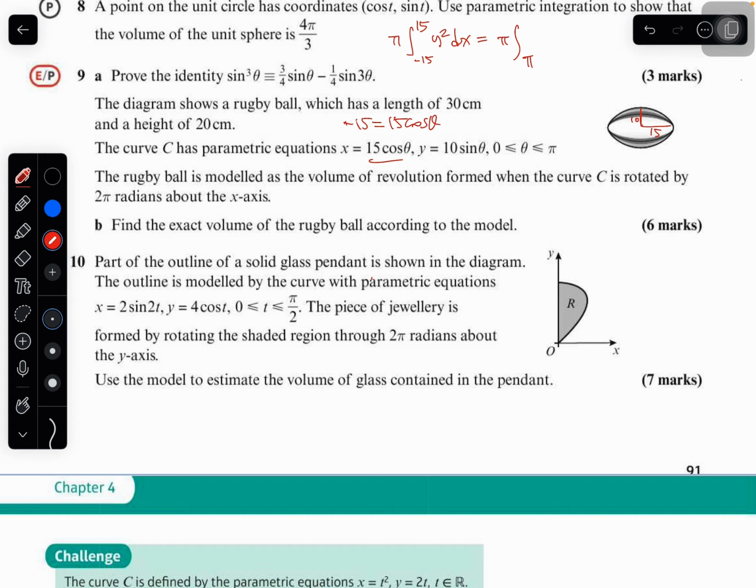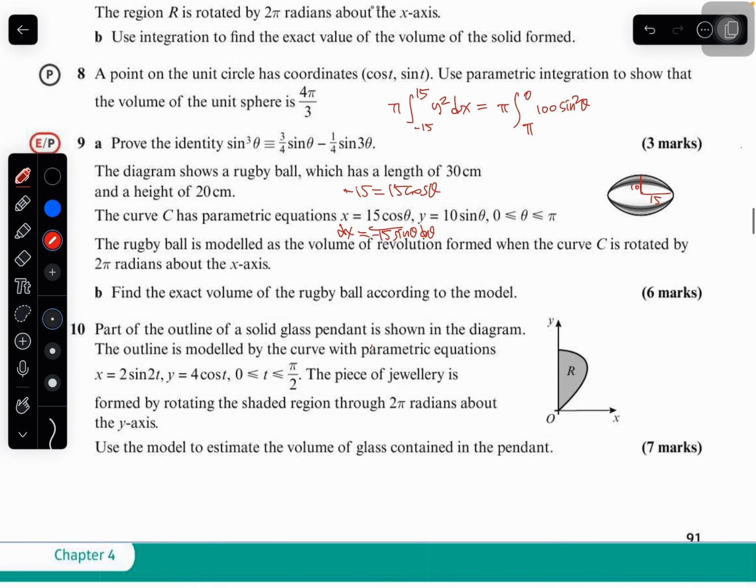And 15 equals 1, so 0. So y squared is 100 sine squared of theta, and dx becomes 15 negative sine theta d theta. So here negative sine theta, so now we have sine cube theta and 15 d theta.